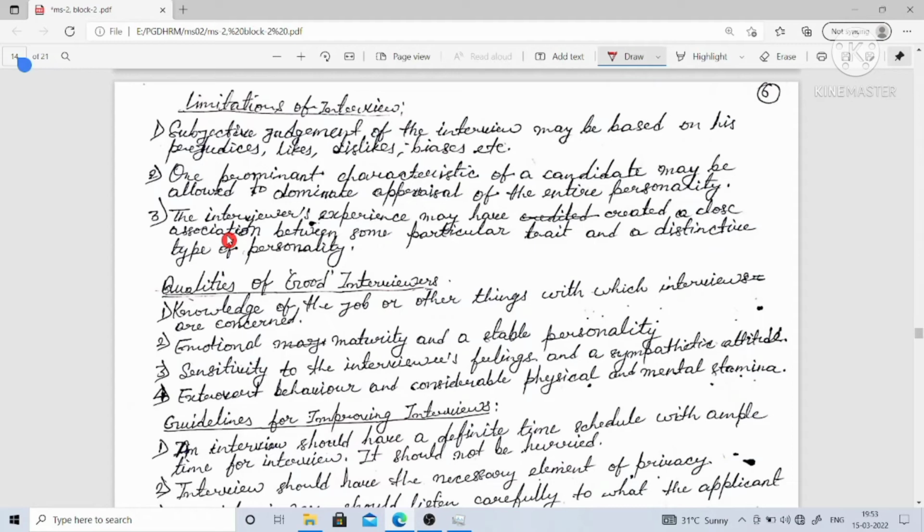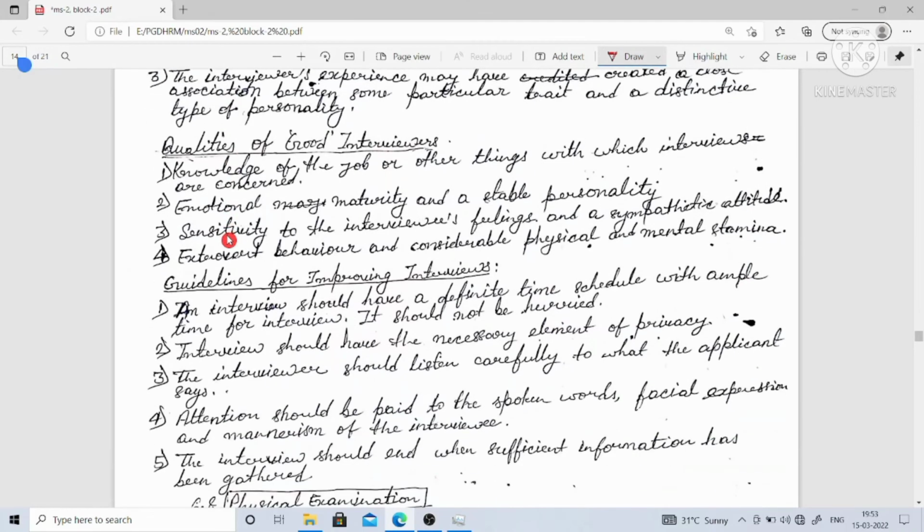Qualities of a good interviewer given: knowledge of the job or other things with which interviews are concerned. Knowledge means the interviewers should have knowledge of the job or other things with which interviews are concerned.